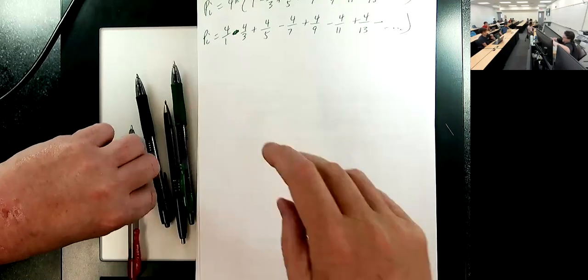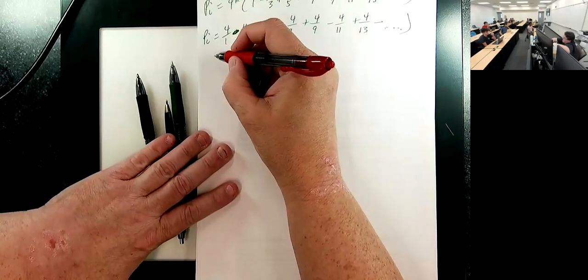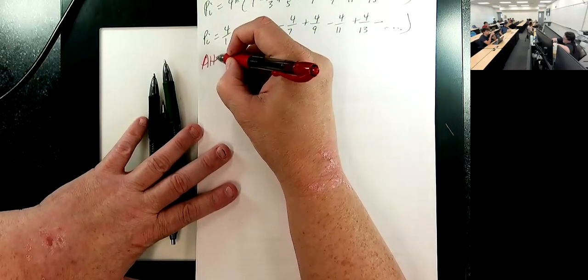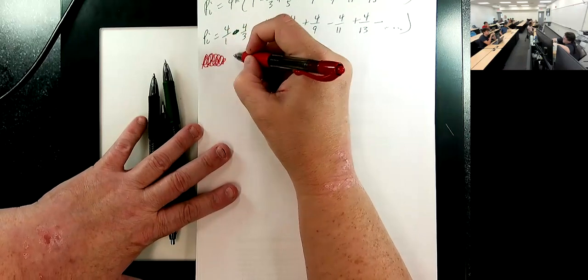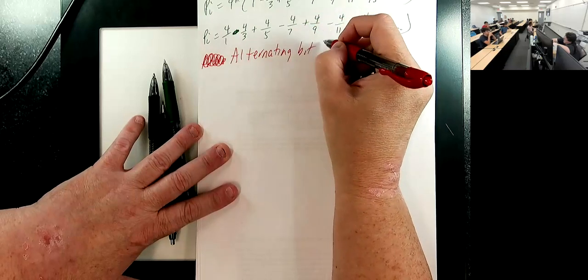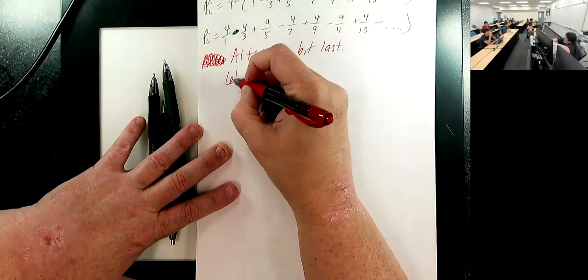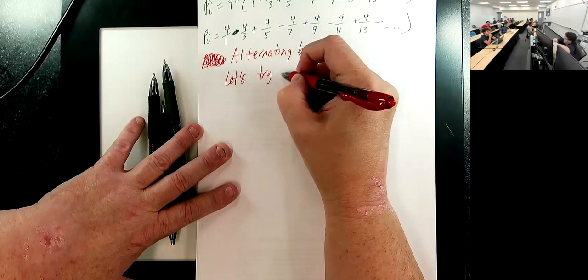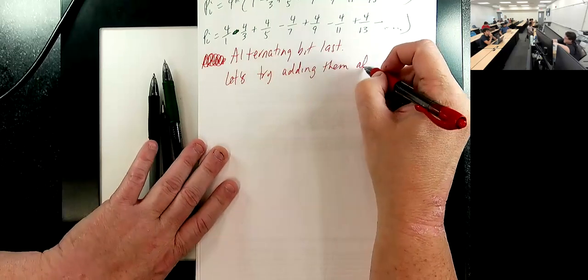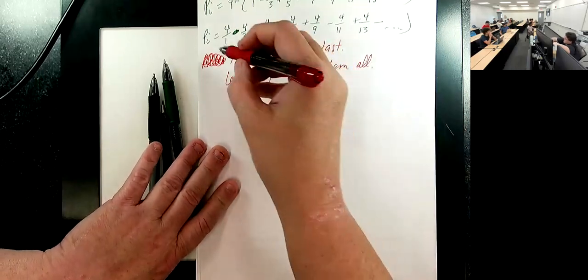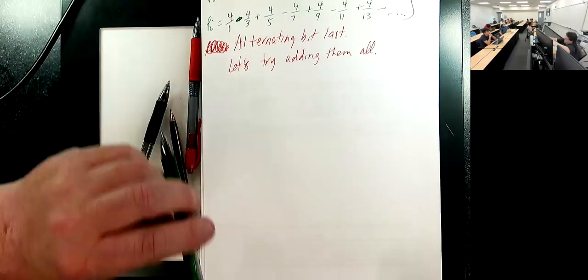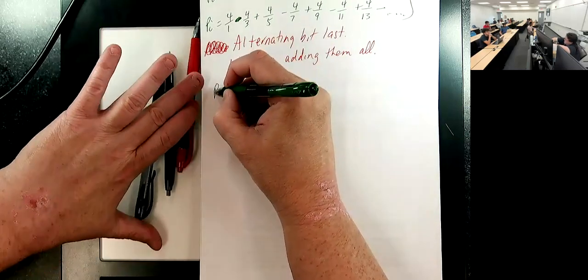Now, this might be easier to make sure it works for if we do the alternating last. Let's try just doing adding them all. So we'll call this pi recursive.